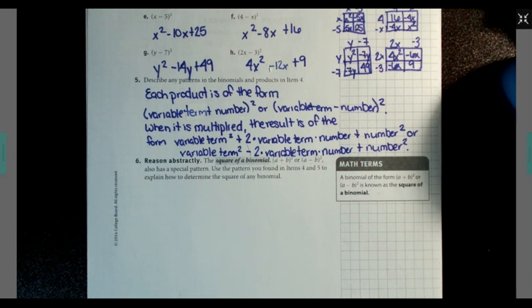Let's take a look at number 6. Reason abstractly. The square of a binomial, a plus b to the second power, or a minus b to the second power, also has a special pattern. Use the pattern you found in items 4 and 5 to explain how to determine the square of any binomial.